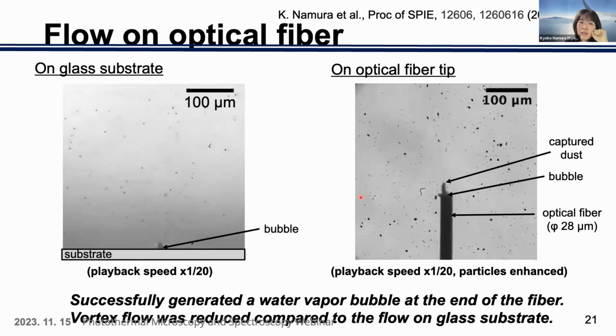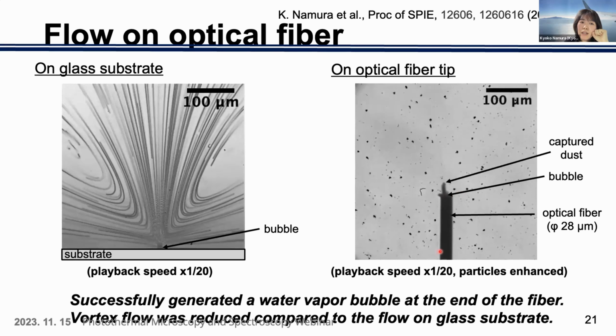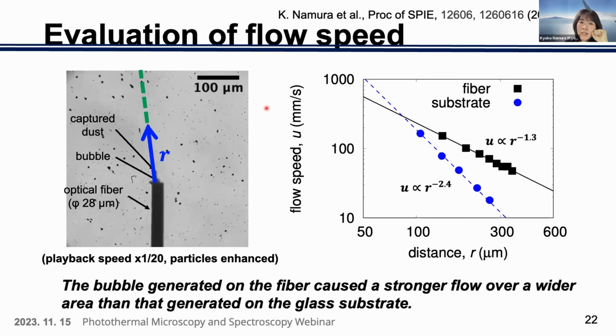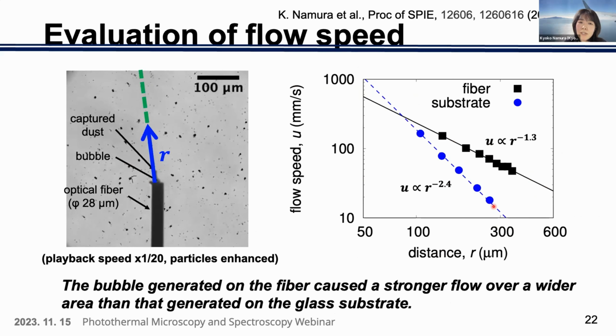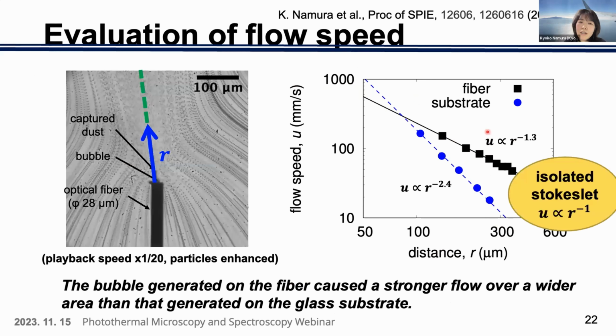Now we removed the substrate, and if you measure the flow speed created by this bubble, you can see the bubble generated on the fiber caused much stronger flow over a wider area compared to the bubble on the substrate. And this power is similar to an isolated Stokeslet. So now we can generate the isolated Stokeslet, a point force in the fluid.